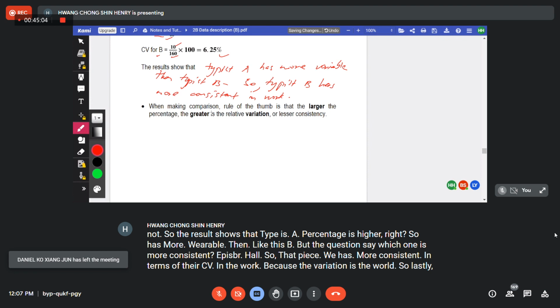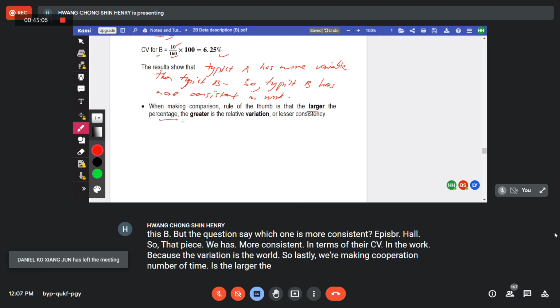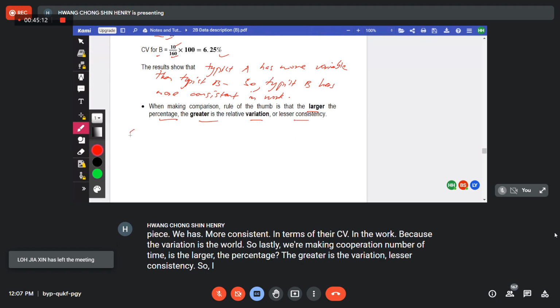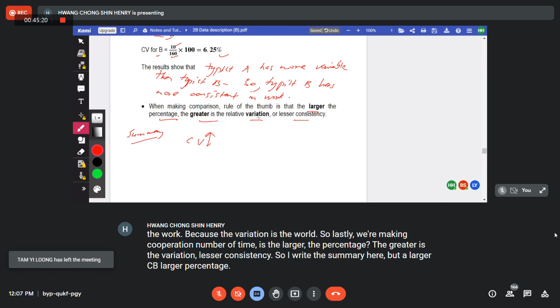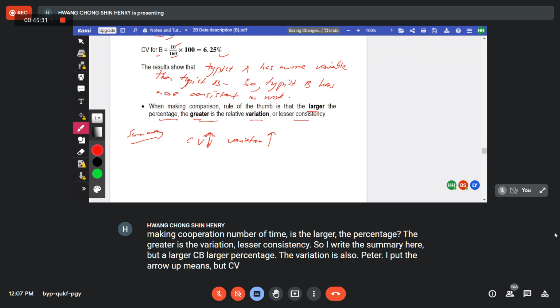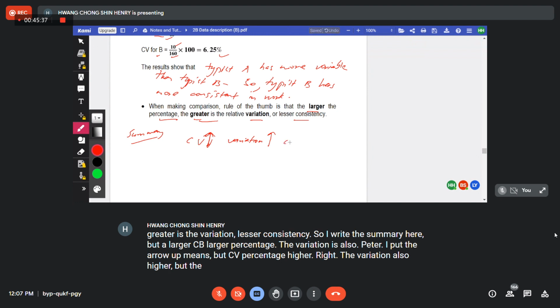So lastly, when making a comparison, the rule of thumb is: the larger the percentage, the greater the variation and the lesser the consistency. So I write the summary here. The larger the CV, the larger the percentage, and the variation is also greater. I put the arrow up, what does it mean? The CV percentage is higher, the variation is also higher, but the consistency drops.